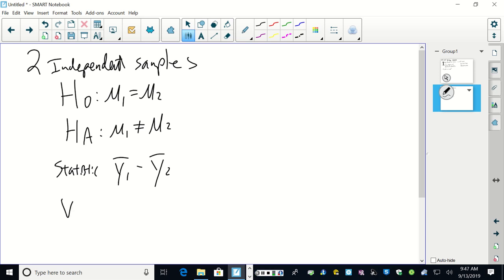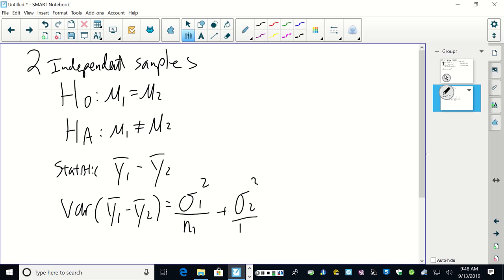The variance of this difference in independent samples is the variance in the first group over N1 plus the variance of the second group over N2. How we'd want to estimate that would depend on whether it's equal or not.